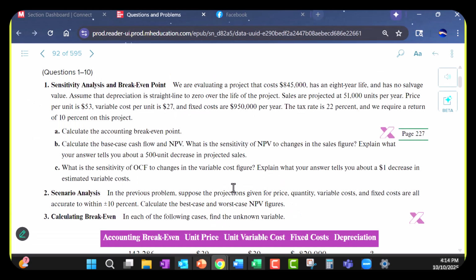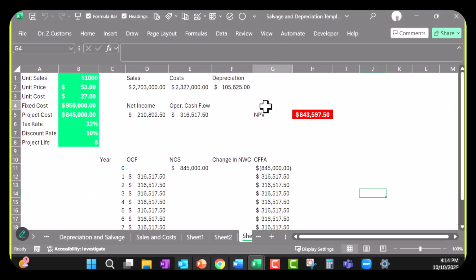Now, the rest of the question asks, what is the sensitivity of changes in the sales figure? Explain what your answer tells you about a 500 unit decrease in projected sales. Now let's calculate the base.